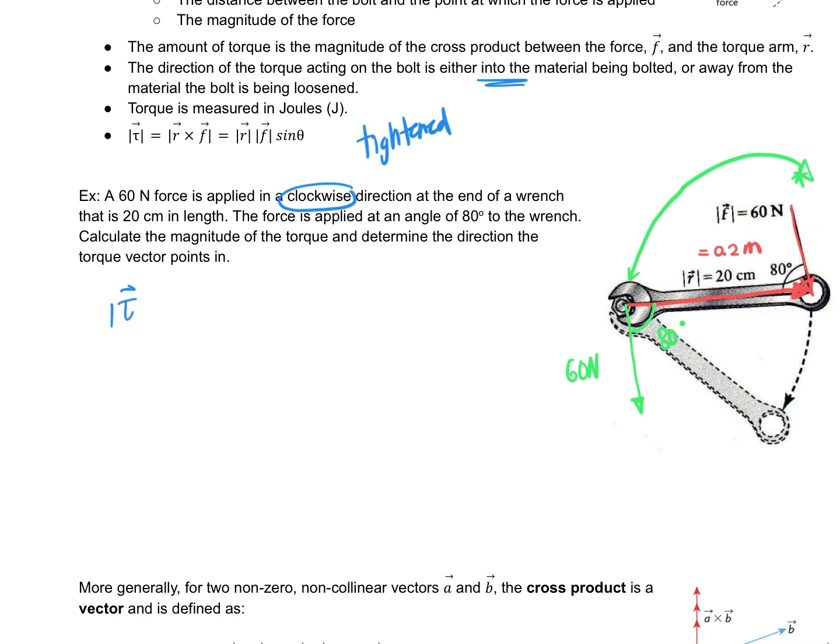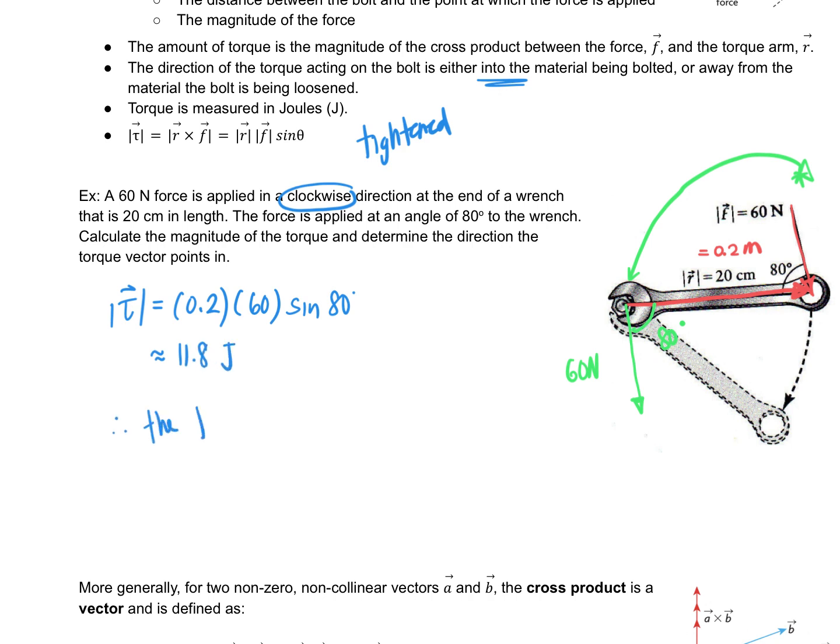Our torque will be the magnitude of the torque arm, so that's the 0.2 meters, times the magnitude of the force that is being applied to the wrench, that's 60 newtons, times sine of the angle, which is 80 degrees. And if we put that into our calculator, we get approximately 11.8 joules.